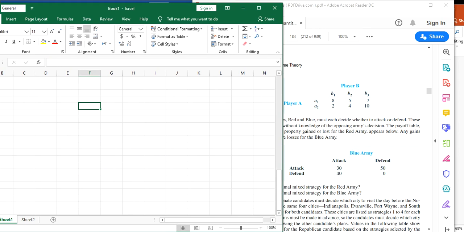Now we have player B with three strategies: B1, B2, B3, and we have player A. That's how you answer in the exam, by the way.